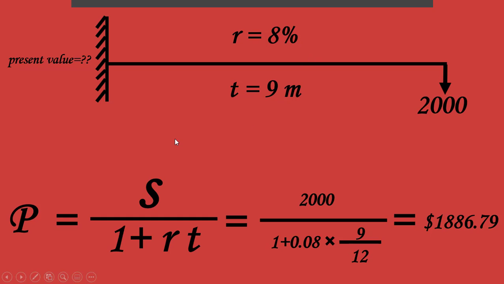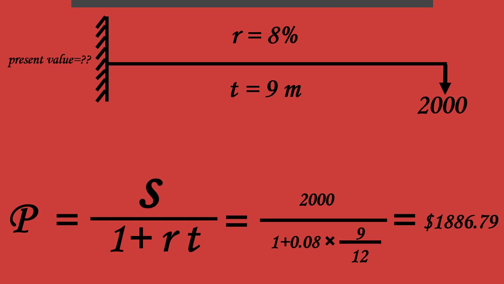By calculating in the formula P equals S over 1 plus RT, S equals $2,000, R equals 8%, and time T equals 9 months.